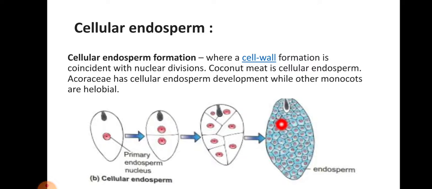In this copra, instead of coconut water, there is a formation of copra, and this copra is the endosperm, and this type of endosperm is the cellular endosperm, because it produces cell-like structures, that's why we say this is the cellular endosperm.